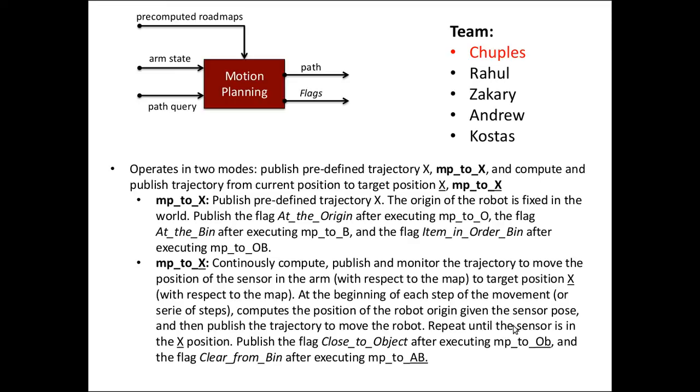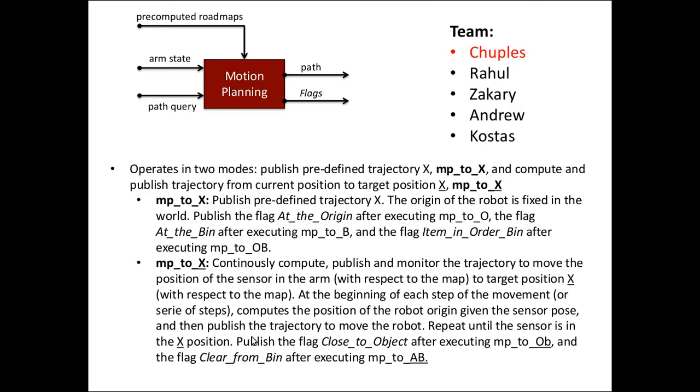this model will repeat this procedure, which will be to plan from the next step, from the position that the robot is, to the next step where it would like to send the robot to, always updating where the origin of the robot is and considering valid the position of the sensor in the arm and the map. So this model will repeat it until the sensor is in the X dash position.